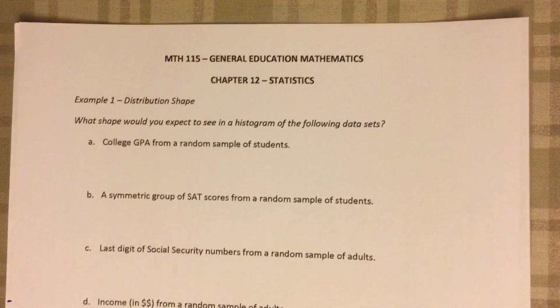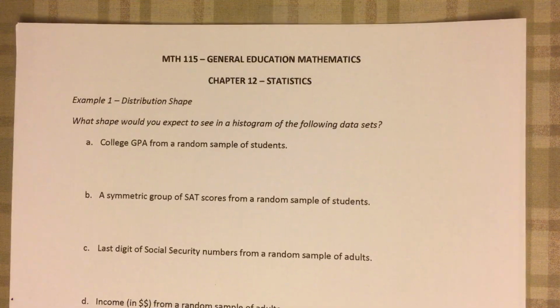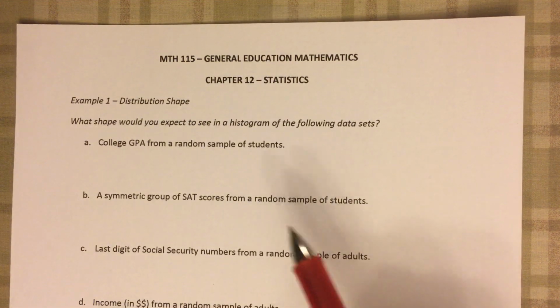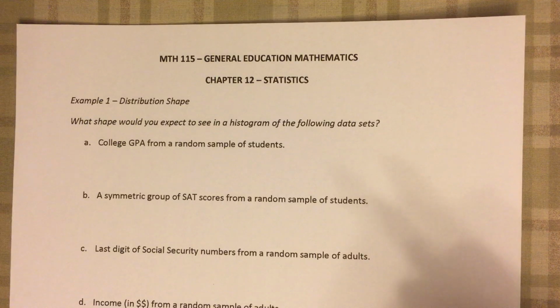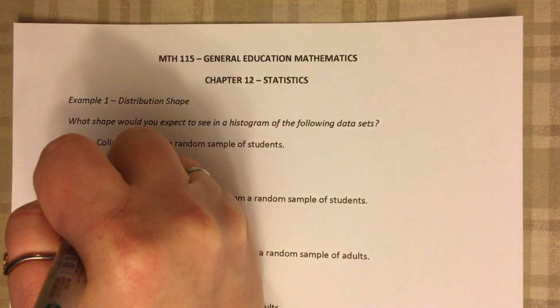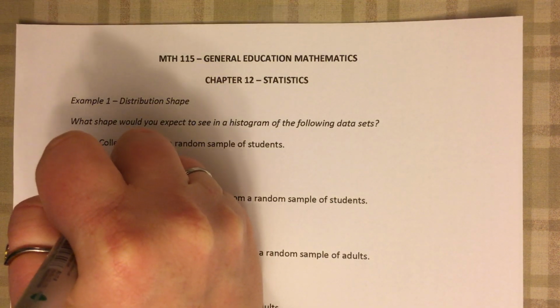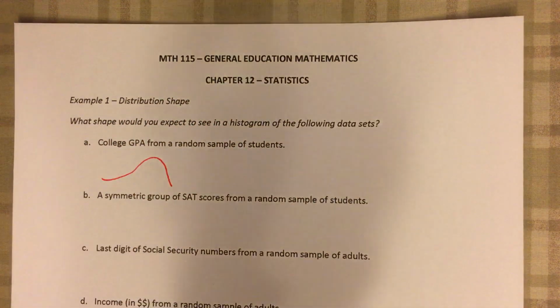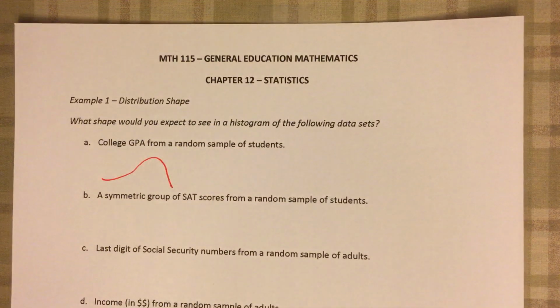All right, in our first example, I should say, we're going to look at some different data sets and identify what type of distribution shape we would expect. First, college GPA from a random sample of students. If we were to think about this, we would hope that a large sample of students would have a larger GPA. So we might see a tail on the left and then see a larger number of high GPAs coming from our college students.